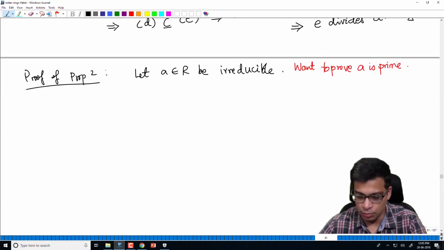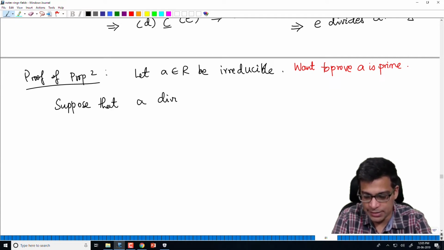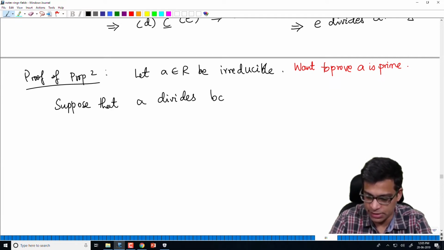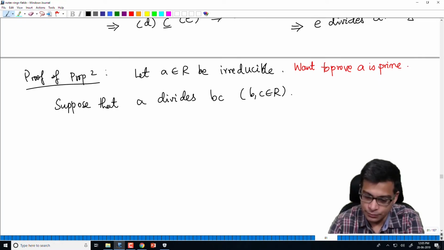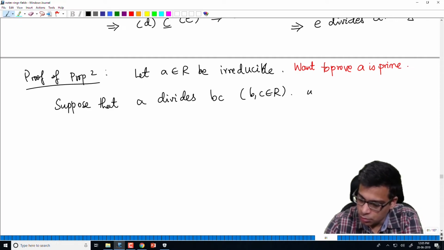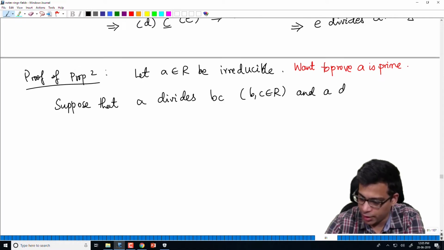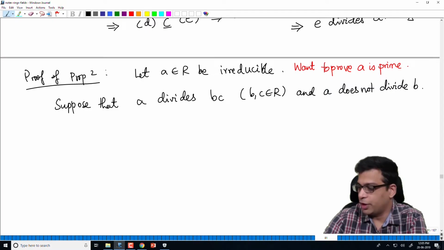Prime means, so suppose that A divides a product of two elements, let's say BC, where B and C are in R. So we want to show that A divides either B or A divides C. Now assume also that A does not divide B. If it divides B, we are done.